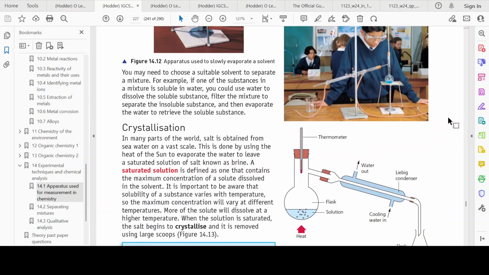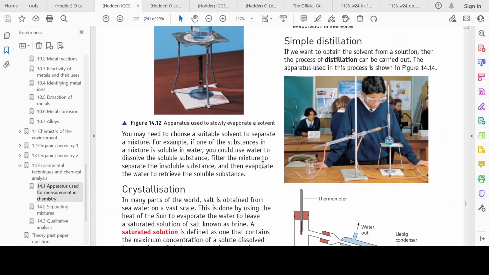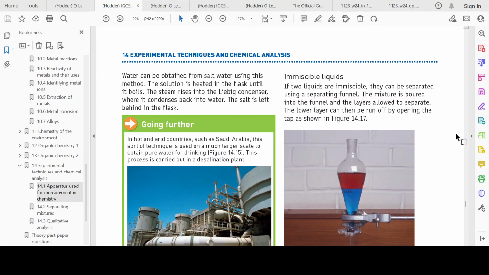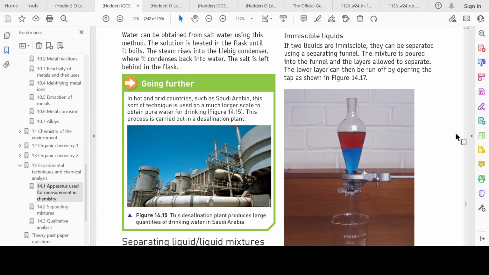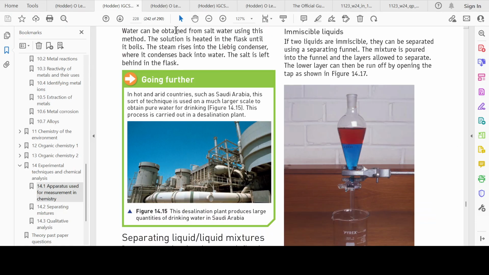And that's a real life picture of distillation being carried out. Well, not fractional distillation, just a simple distillation. Fractional distillation is different. Water can be obtained from salt water using this method. In this case, what we want to obtain is not the salt, but the water. So we use distillation.